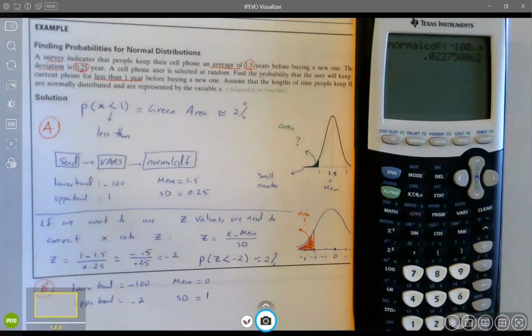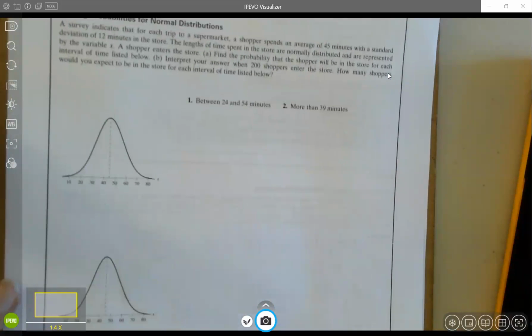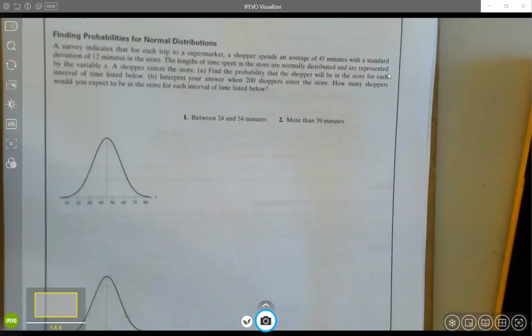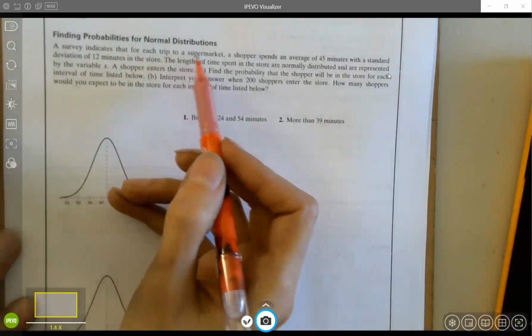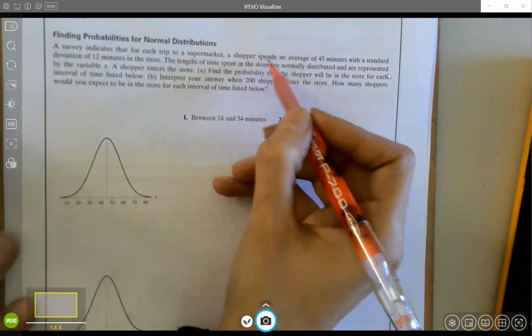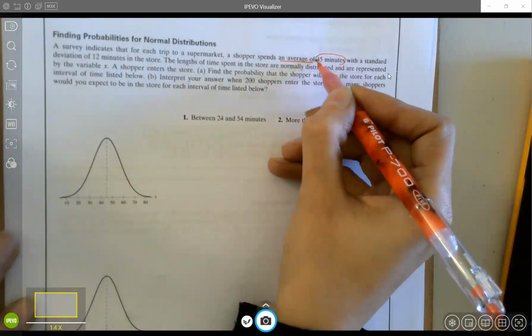Let's go over another example together. On page 2, we have this example. The example says, a survey indicates that for each trip to a supermarket, a shopper spends an average of 45 minutes.